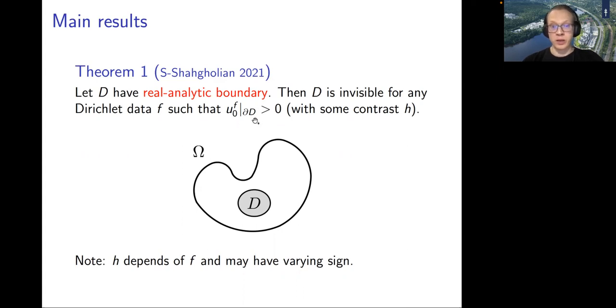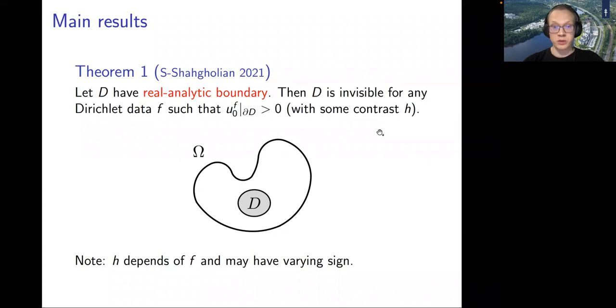And this should be read in such a way that for any f such that the incident wave is positive on the boundary of D, you can find some contrast H so that you have invisibility with respect to this contrast.